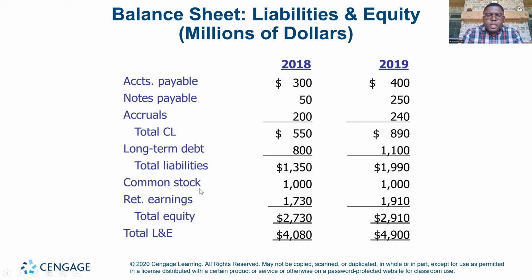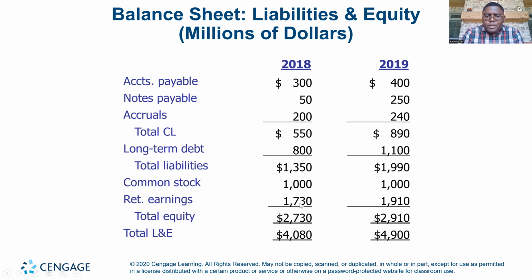common stock. And then we have the retained earnings. Retained earnings is the earnings not paid out as dividend to shareholders. It's retained by the company.